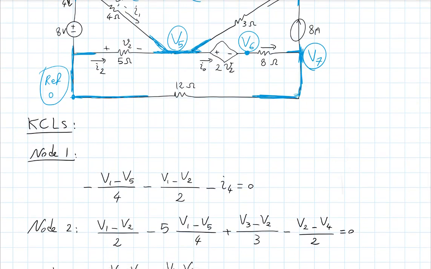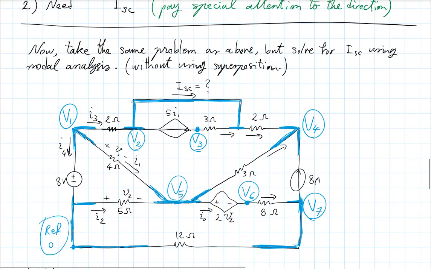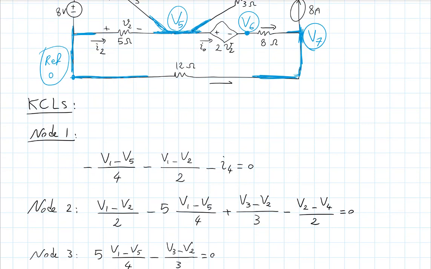And at node 7, I have that same current, V6 minus V7 divided by 8 going in, 8 amps leaving, and then also this current going in. That's 0 minus V7 divided by 12.